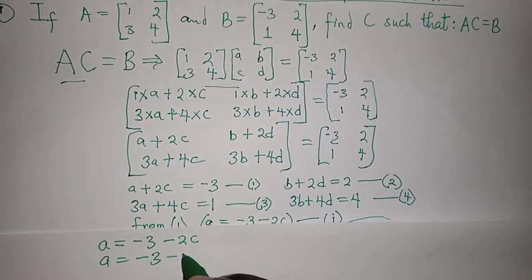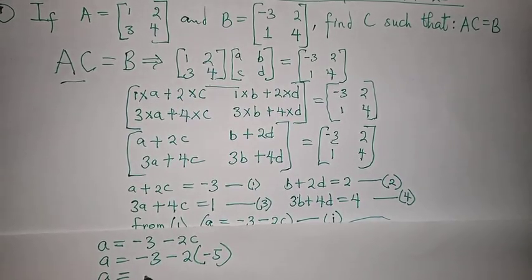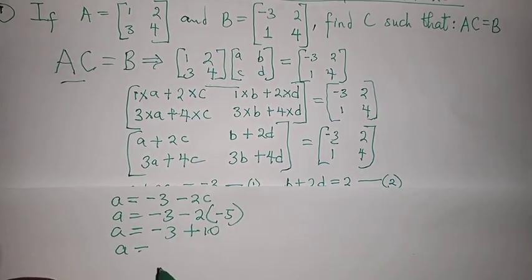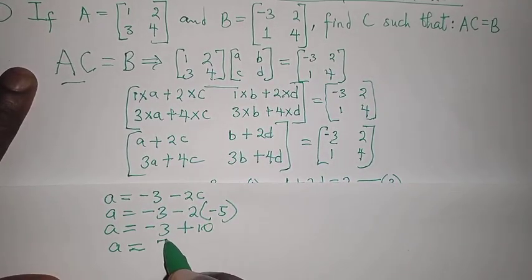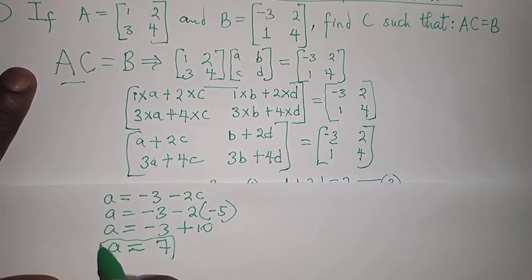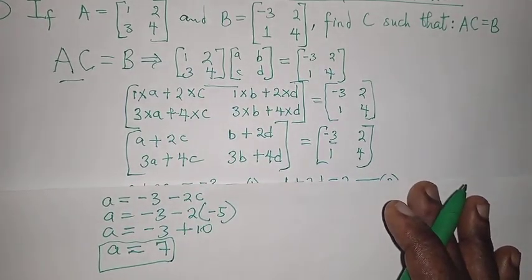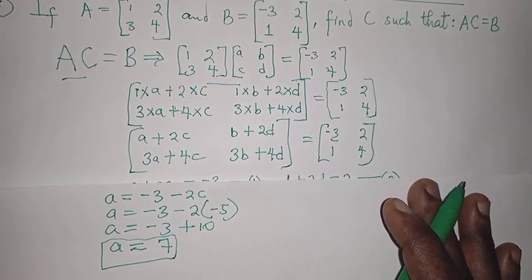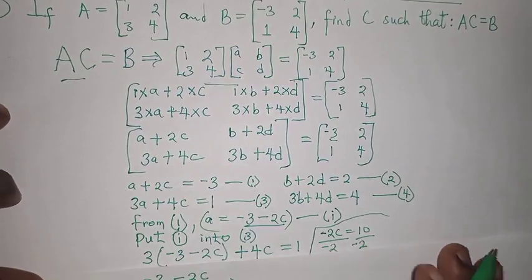So A is equal to minus 3 minus 2 times minus 5. So this is going to give me minus 3 plus 10. So A is simply 7. So that's the value for A. So we have A as 7, and we have C as minus 5.